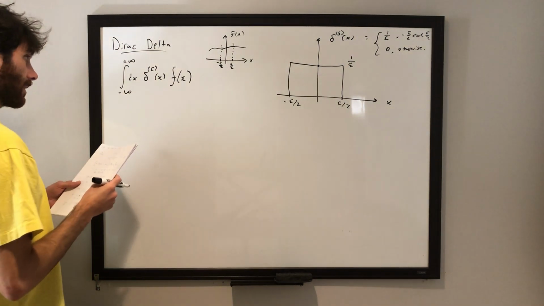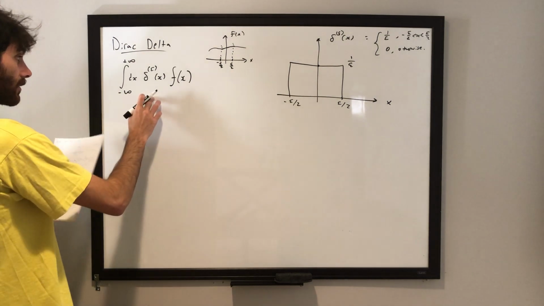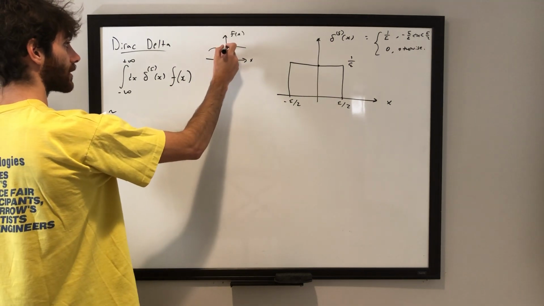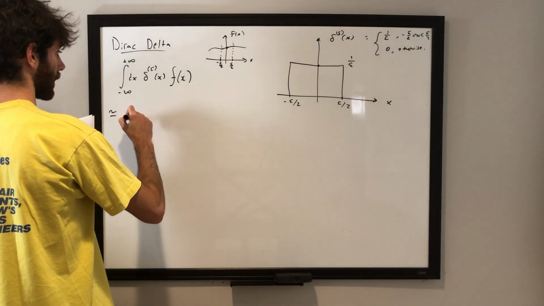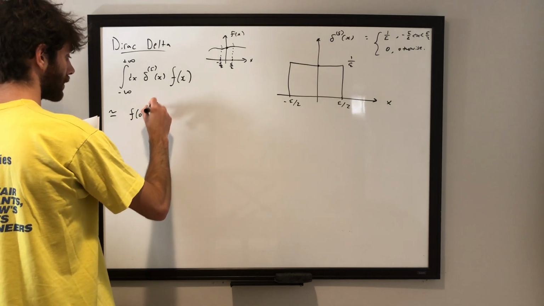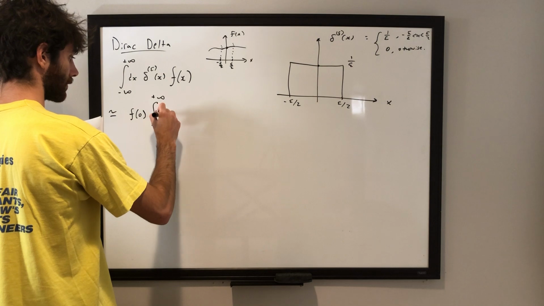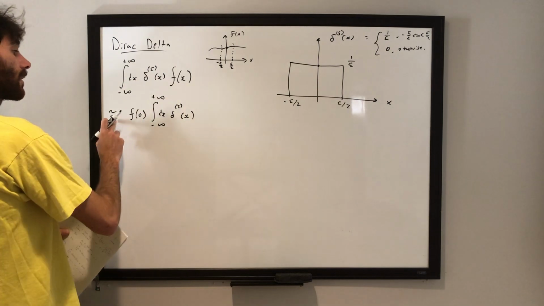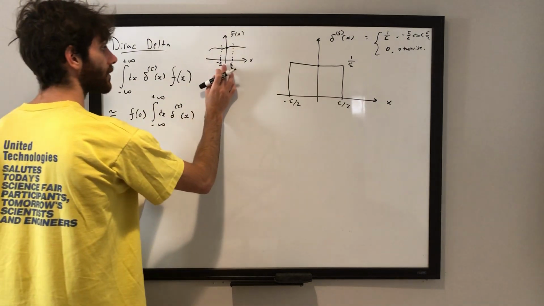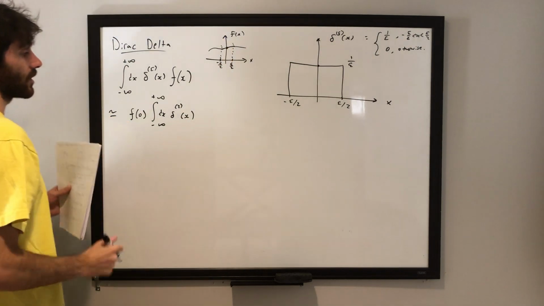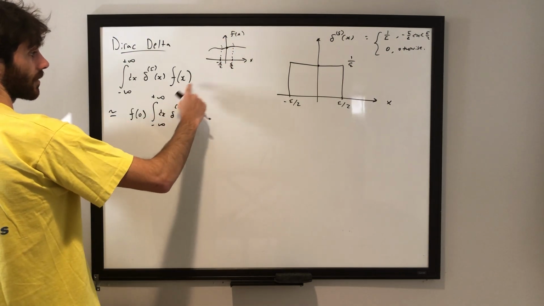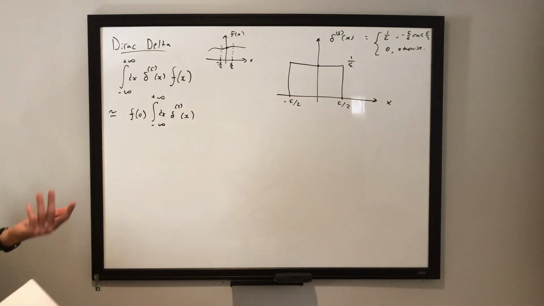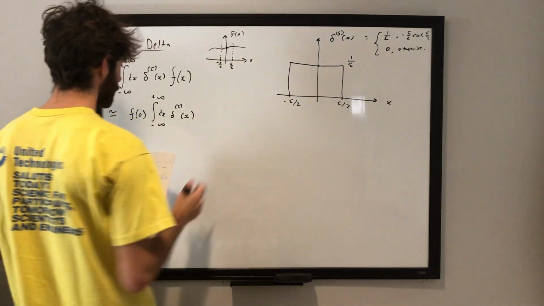So we're going to say that this thing here is approximately equal to whatever the value f happens to be right at 0. We'll just take that as a constant, and then we have to perform the rest of the integral, which is now just over the delta function. This approximation holds in the limit that epsilon is very small, where the function doesn't change much, so we just replace the value with not necessarily its average value, but the value in the middle here, in the hopes that it doesn't change very much in this window.